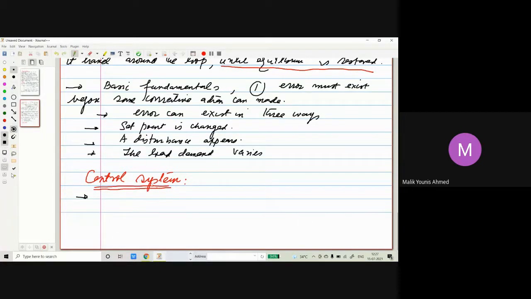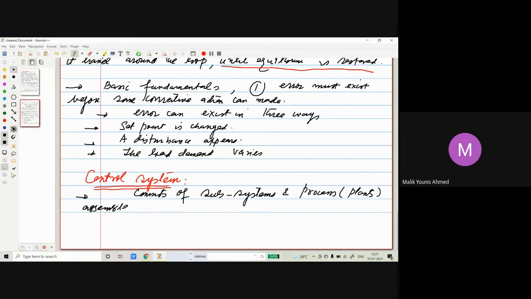A control system consists of subsystems that we talked about already, and it also consists of processes, and plants also. Process will come from the plant itself, or plants which are assembled for what?